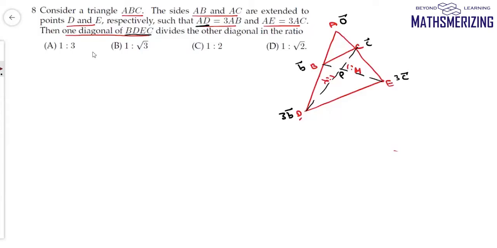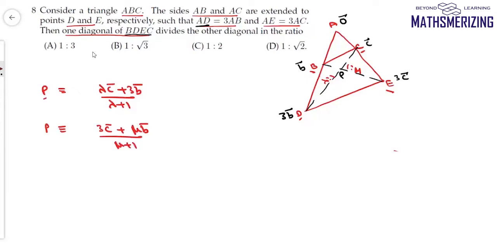Now from these points D and C, if I use the section formula, then I can write the position vector for this point P will be lambda C plus 3B upon lambda plus 1. And if I use these points B and E, then the position vector of this point P will be 3C plus mu B upon mu plus 1.